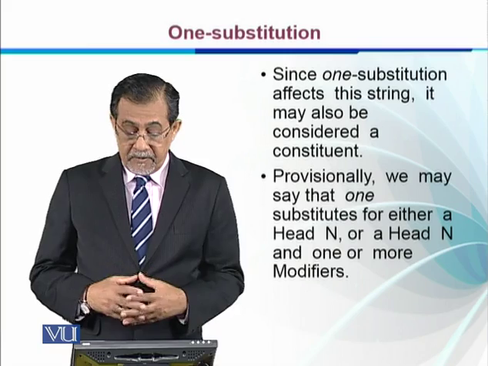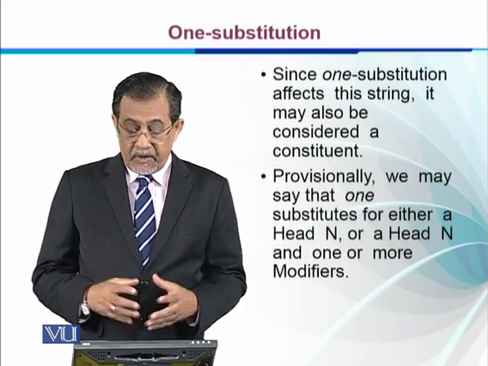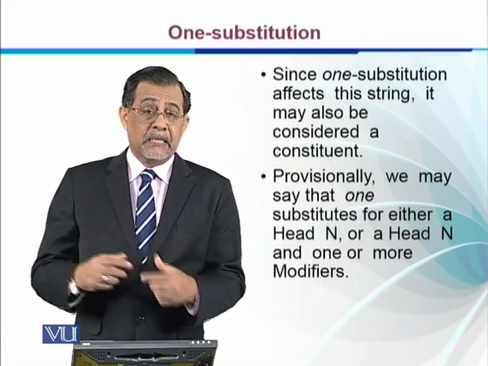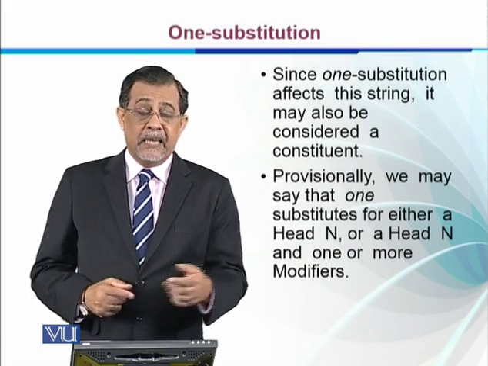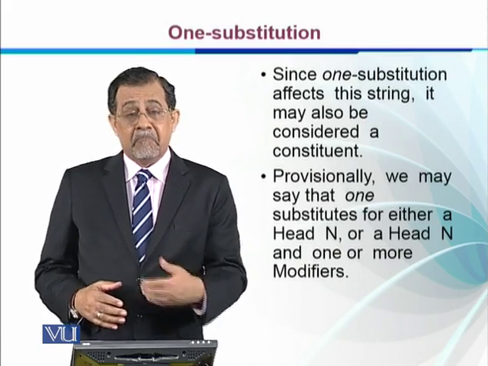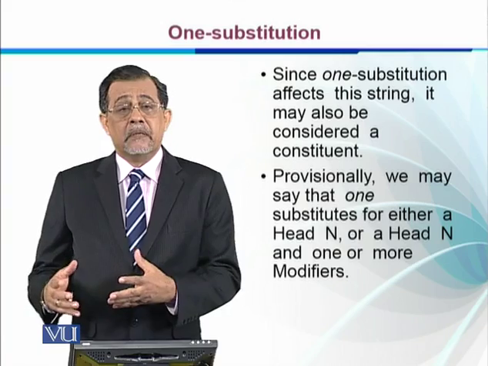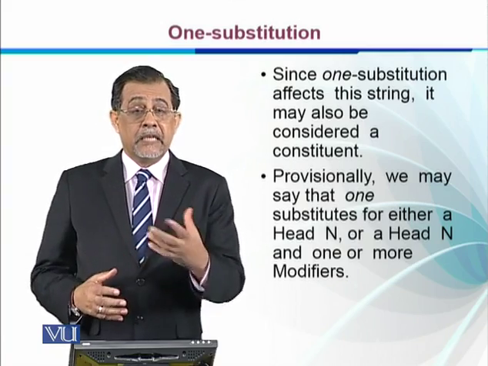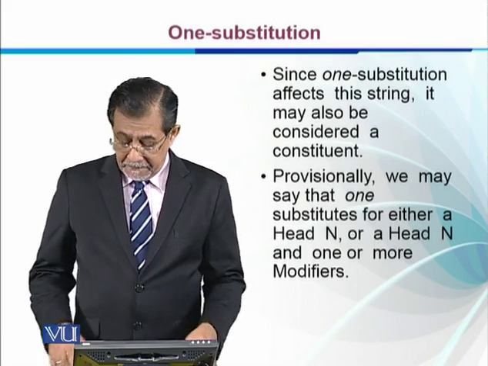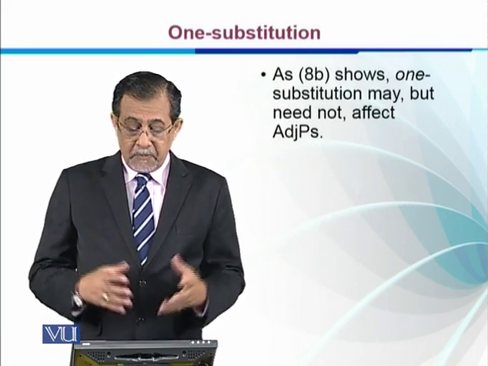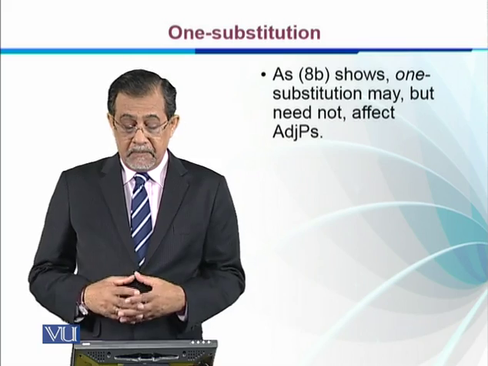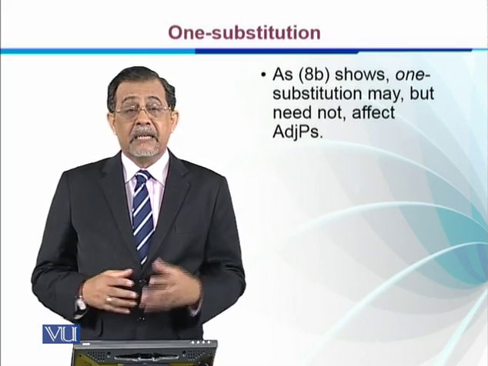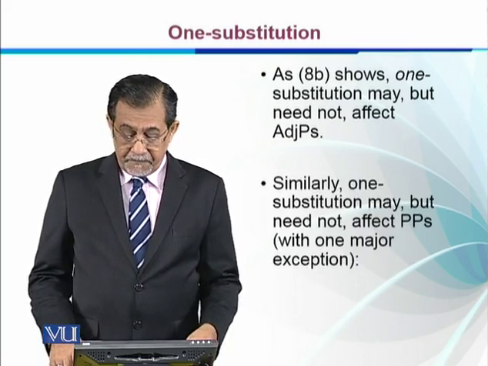Provisionally, we may say that one substitutes for either a head noun as in the case of 8a, or a noun or more, that means a noun and a modifier as in the case of 8b. So 8b shows one substitution may but need not affect an adjective phrase.